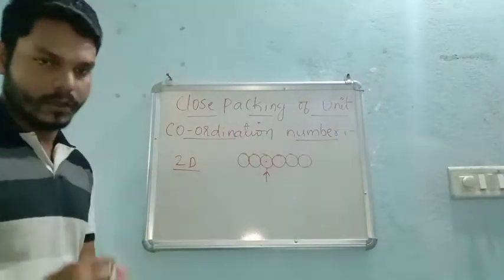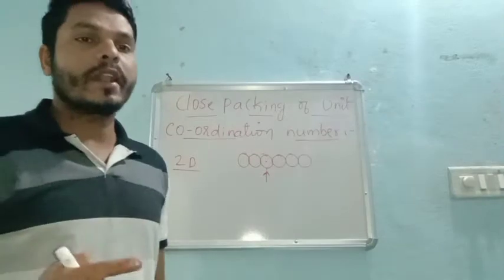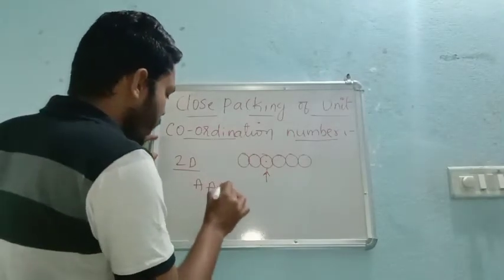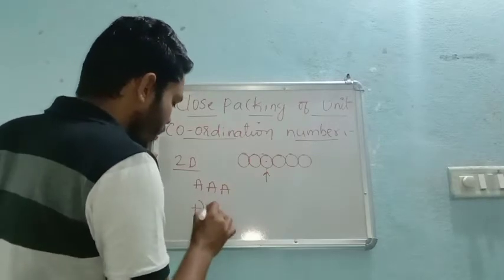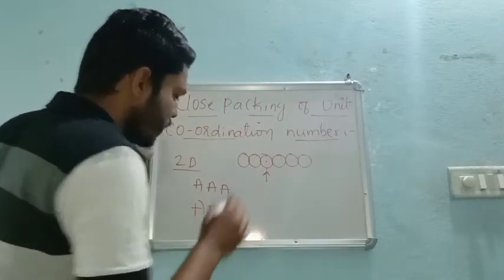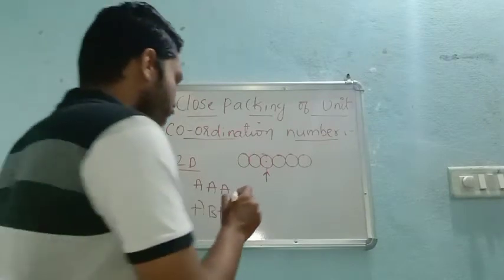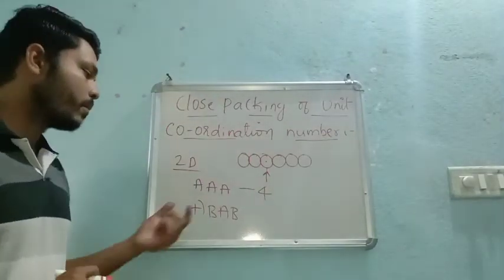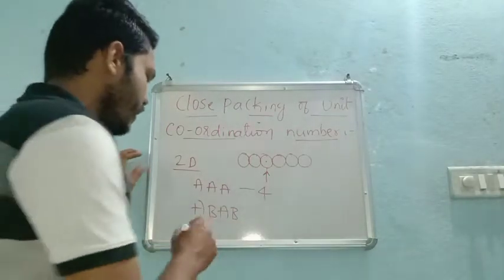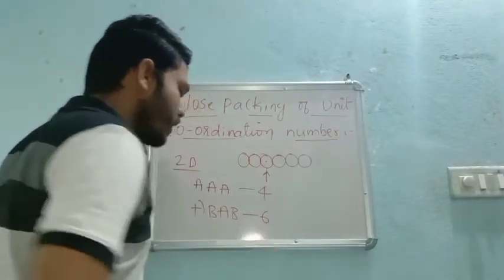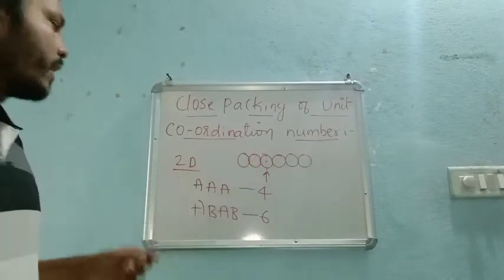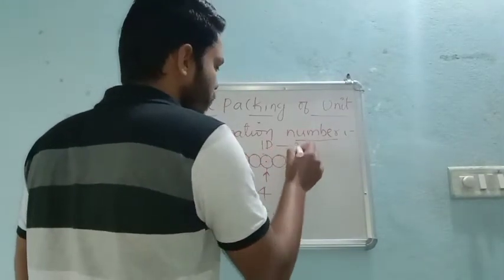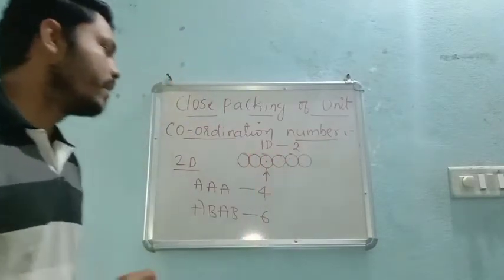In two dimensions, we can write two types of arrangements. So that is A type, and one more, AB type, right? In A type, we are going to see the coordination number is 4, and in AB type the coordination number will be 6. But in 1D, if I arrange the atoms in a 1D, then the coordination number, we can see very easily, is 2.